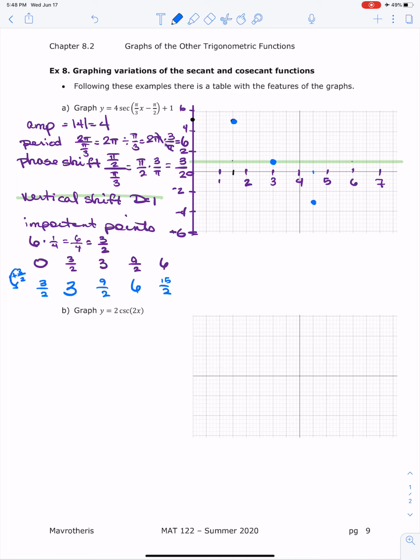At 6, I'm back on that midline. And at 7.5 right here, I'm back up at 5. And so here is what that 1 period of my cosine looks like. And because I know this is periodic and repeats, I could even extend this over here. And I know at 0, I'm going to be back on the midline.